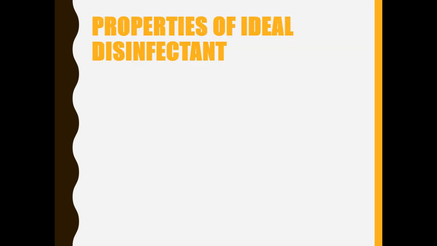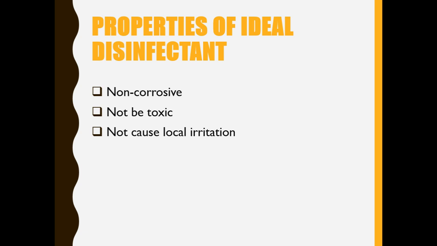In addition to this, they should also have other properties. They should be non-corrosive, otherwise they may cause harm. They should not be toxic, otherwise it is difficult to use the agent. They should not cause local irritation; if they cause irritation, they will be harmful. They should possess this most important property. Then they should be inexpensive and easily available.